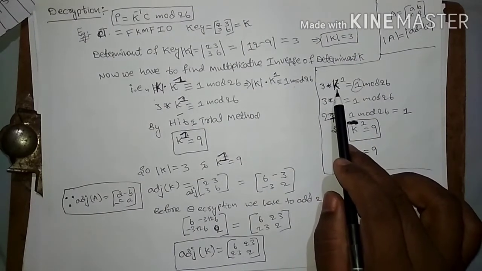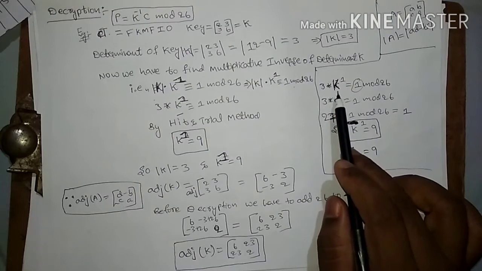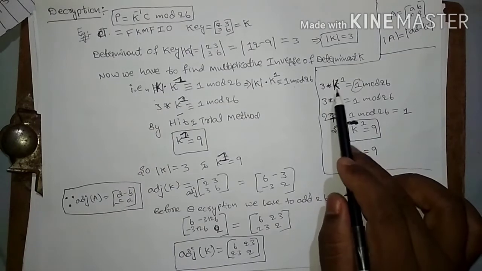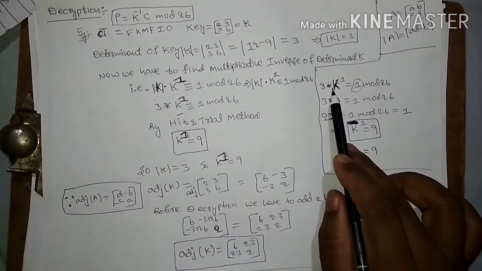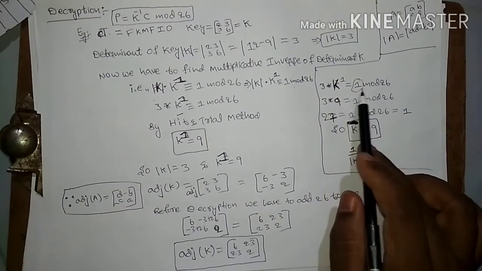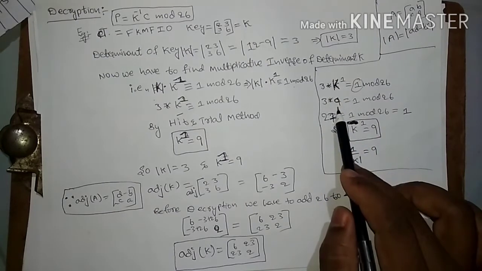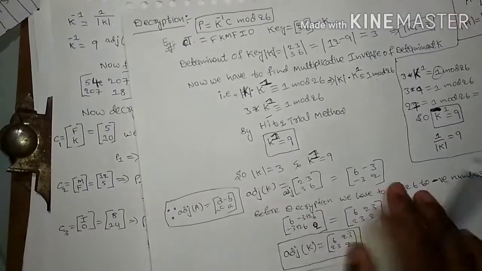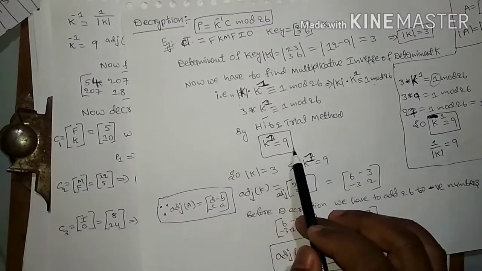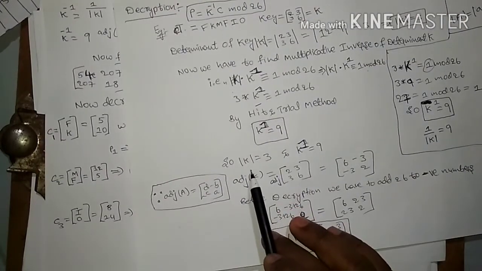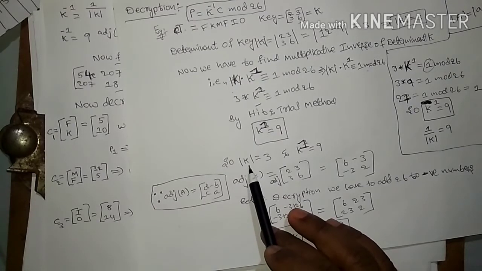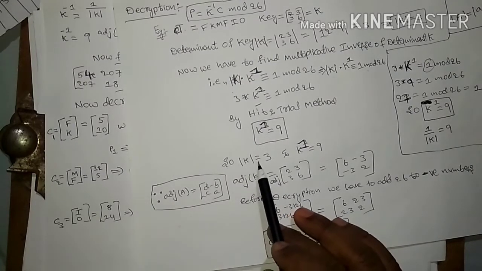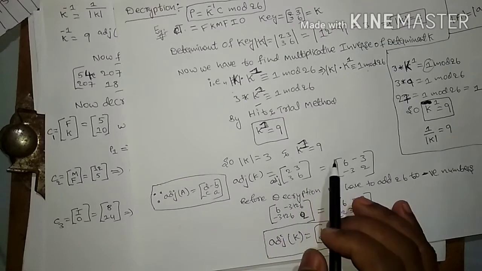So 26 plus 1 is 27. 27 means 3 into k dash equals 27. The k dash value will be 9. 3 into 9 equals 27. So the det k value is 3, and the k dash value is 9.